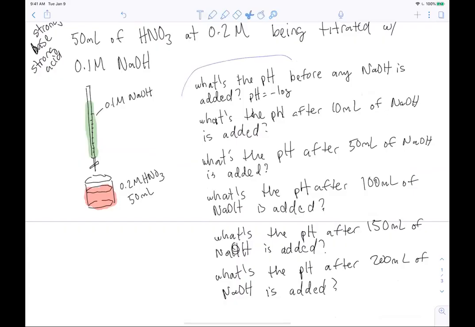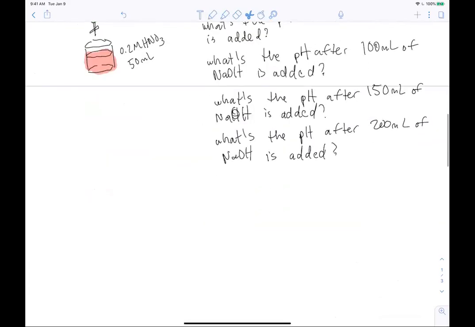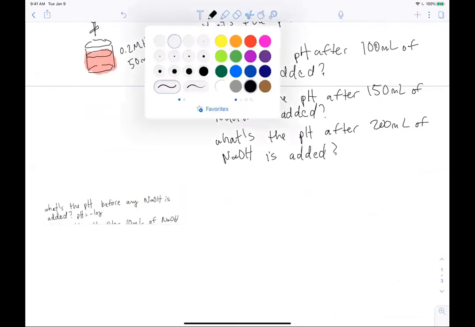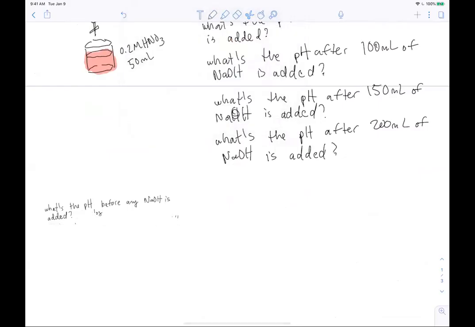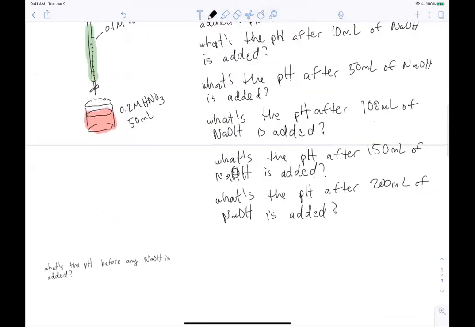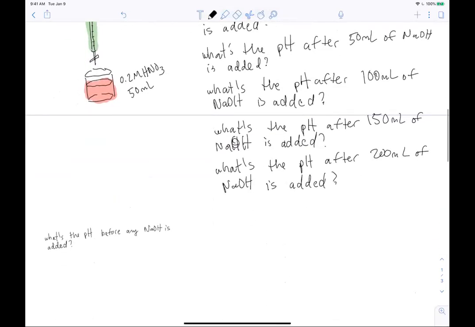let me move this. So we've got 50 milliliters of 0.2 molar nitric acid inside of this flask.